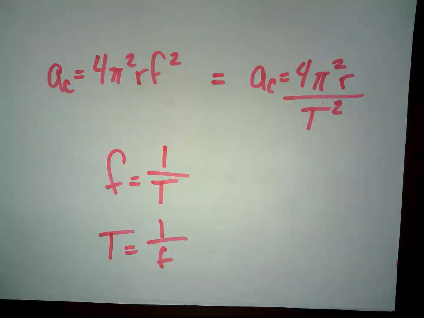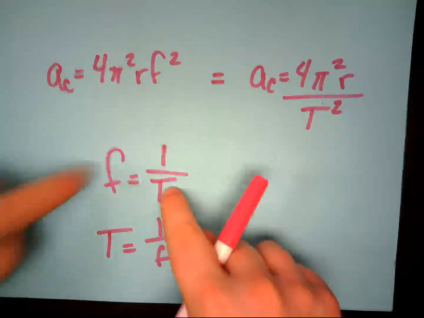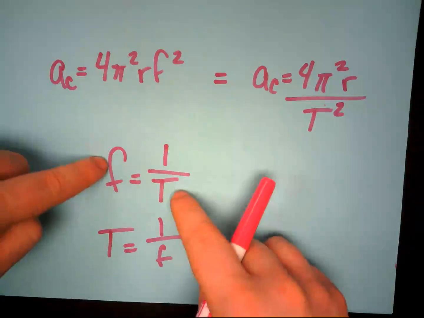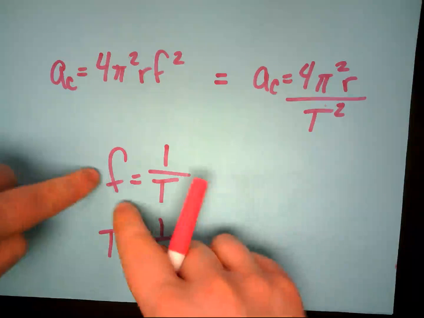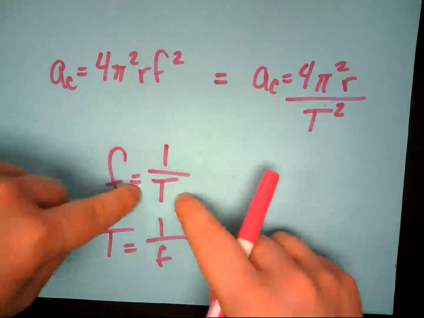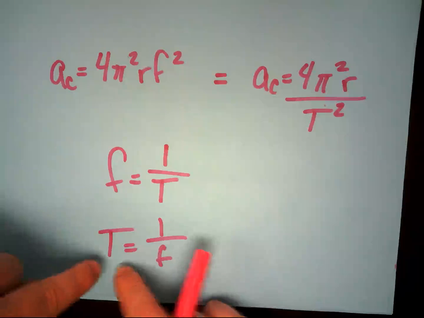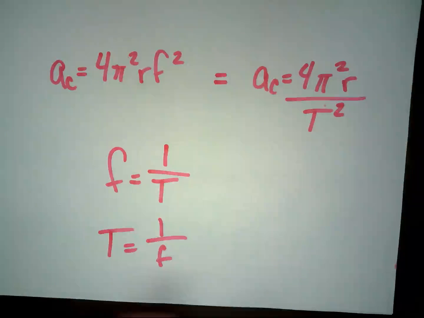So anyway, what's the message here? The message is don't freak out when you think, I know I've gone over period, I know I've gone over frequency, but I don't really remember. Just take a breath and understand they are reciprocal pairs: frequency is equal to 1 over period, and period is equal to 1 over frequency.